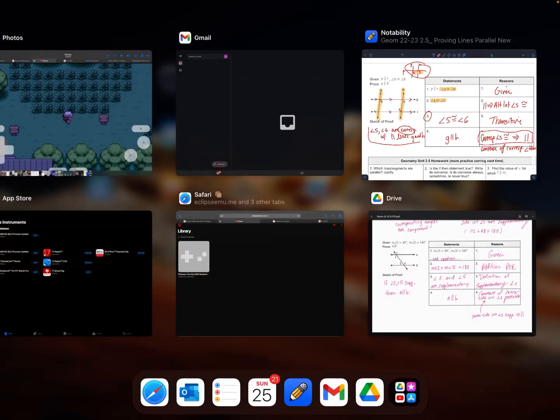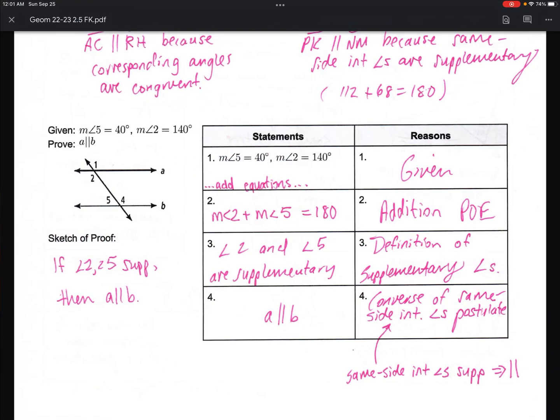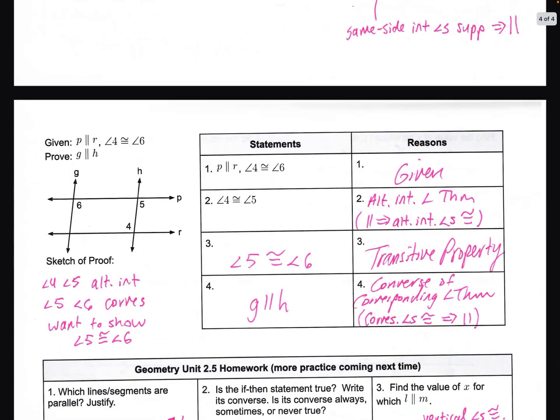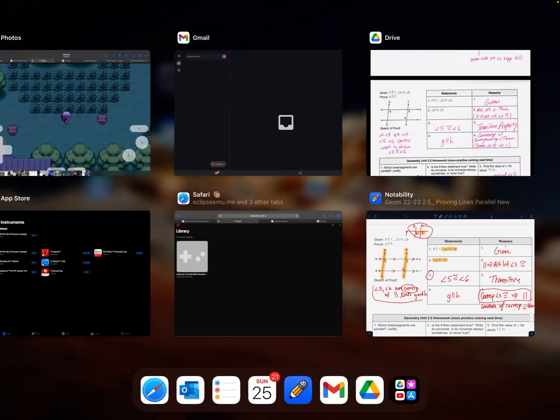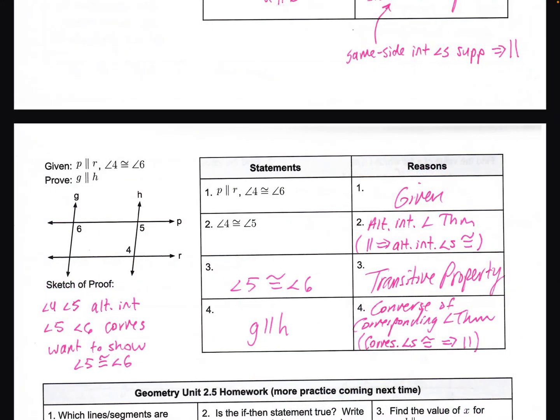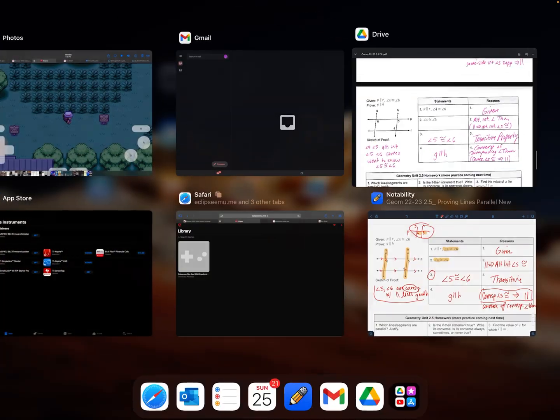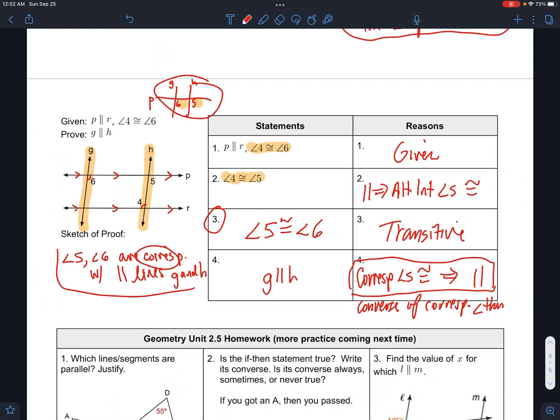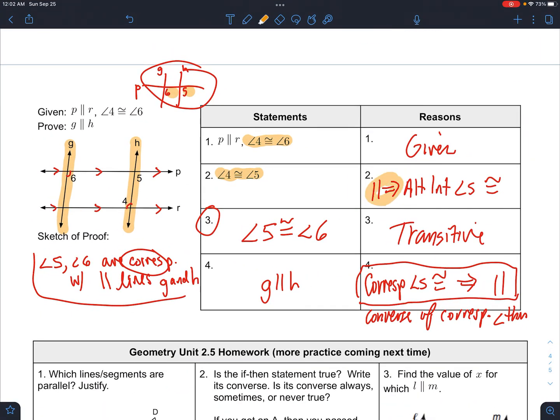But let's just do a quick double check and make sure there weren't any surprises. Alternate interior, and then yeah, okay, great. So this is a good proof so you can see the difference between these two reasons.